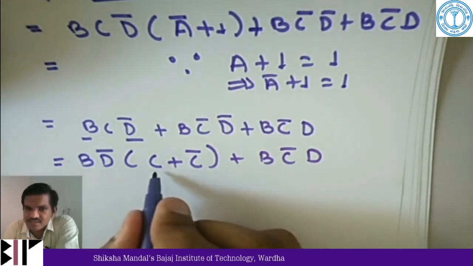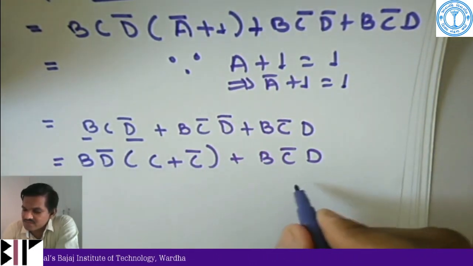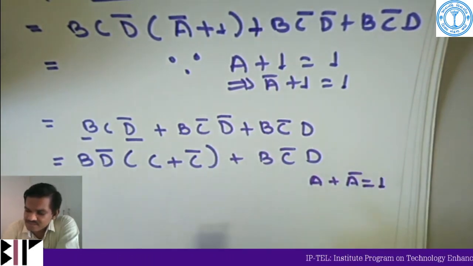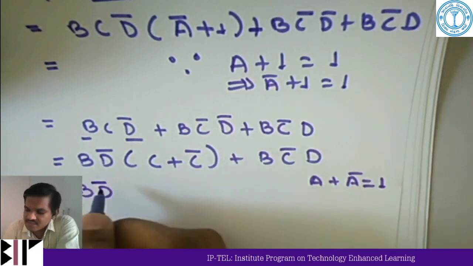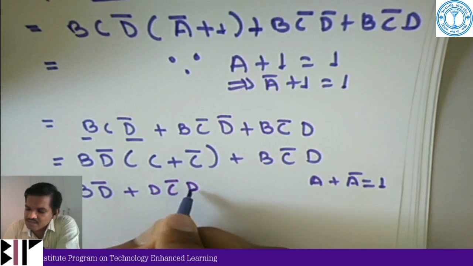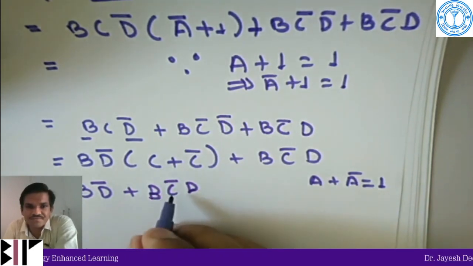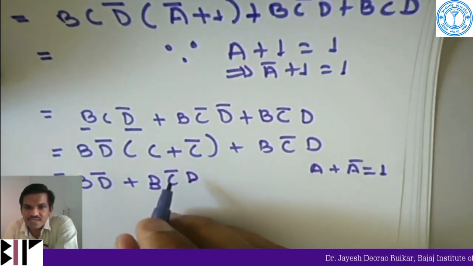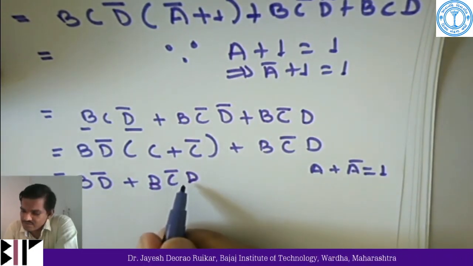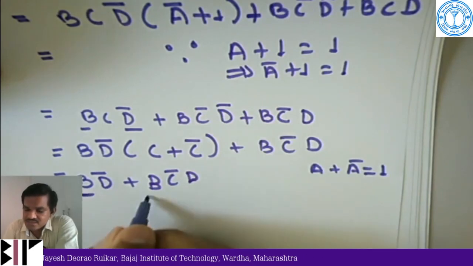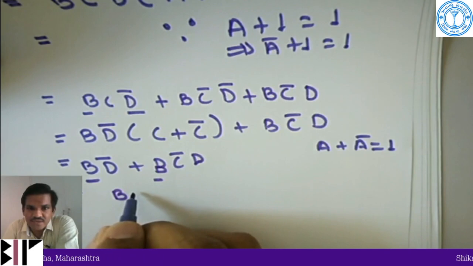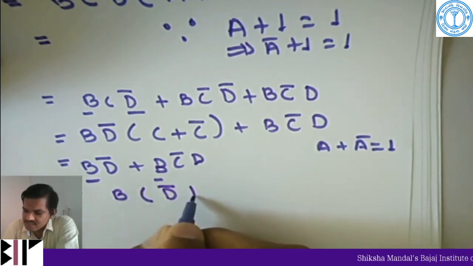Okay. So what is this? C plus c bar is equal to 1, as we know that a plus a bar is equal to 1. This is our theorem. So b d bar, this term will be 1, plus b c bar d. Fine. b d bar plus b c bar d. Now from this we will take b as common, so b into d bar plus c bar d.